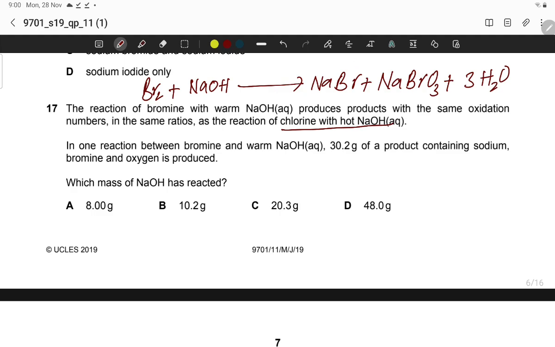So the reaction after balancing has 6 sodium hydroxide. Okay, 30.2 gram of product containing bromine and oxygen is produced. Which mass of sodium hydroxide has reacted?